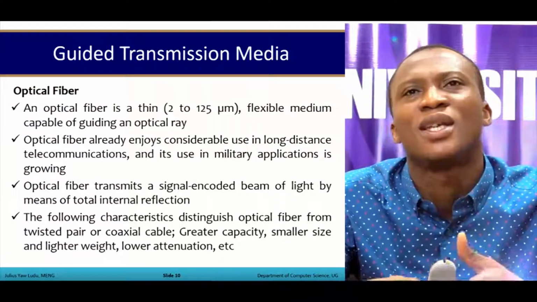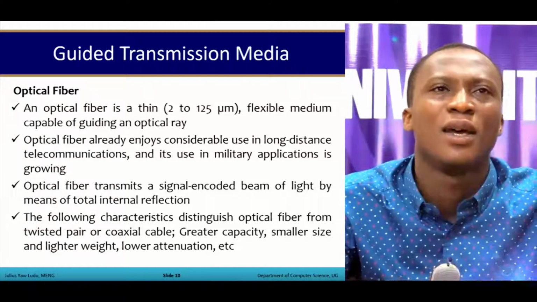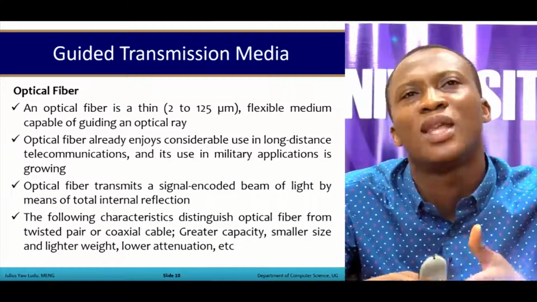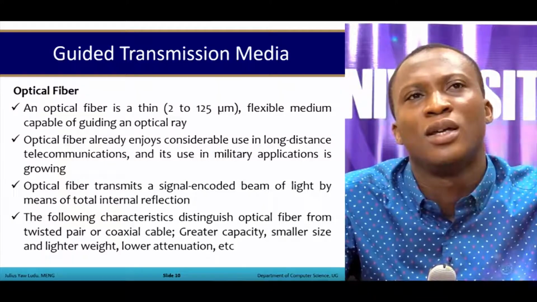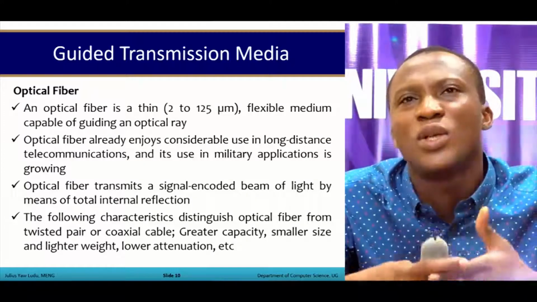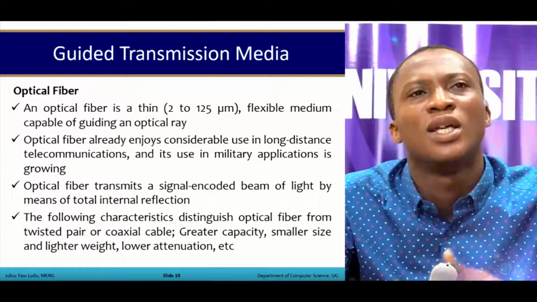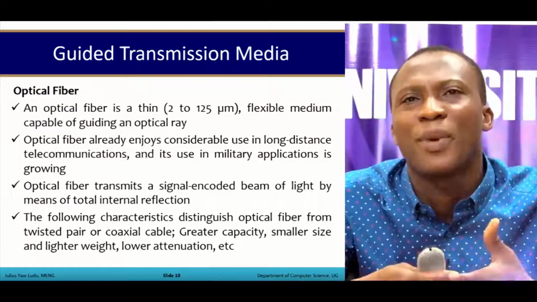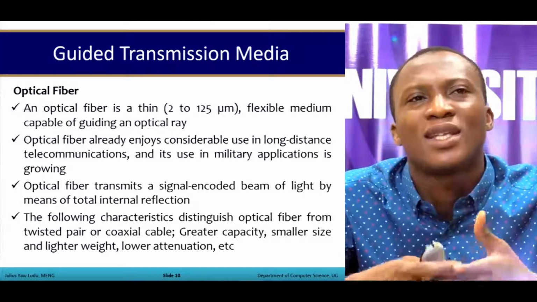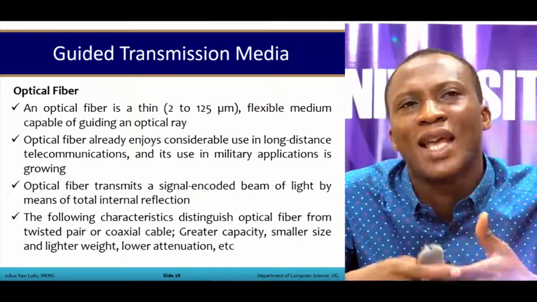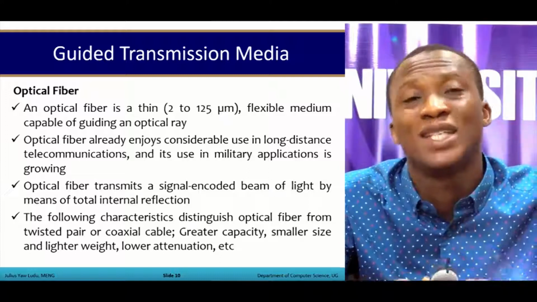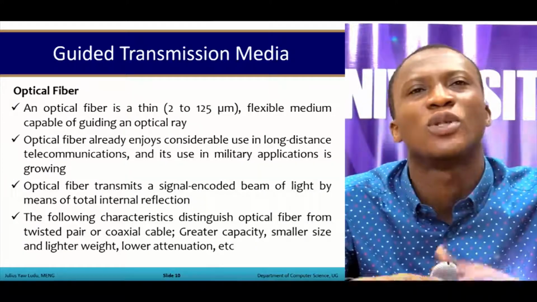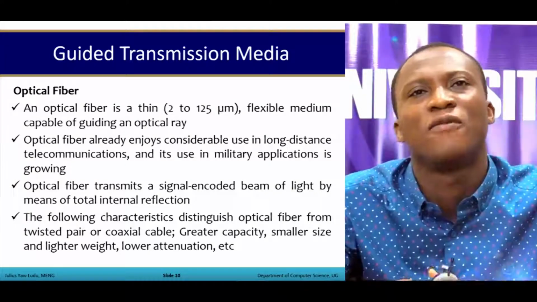This transmits a signal-encoded beam of light by means of total internal reflection. The following characteristics distinguish optical fiber from twisted pair or coaxial cable: it has greater capacity, smaller size, lighter weight, and low attenuation. It can go for several meters of cable.